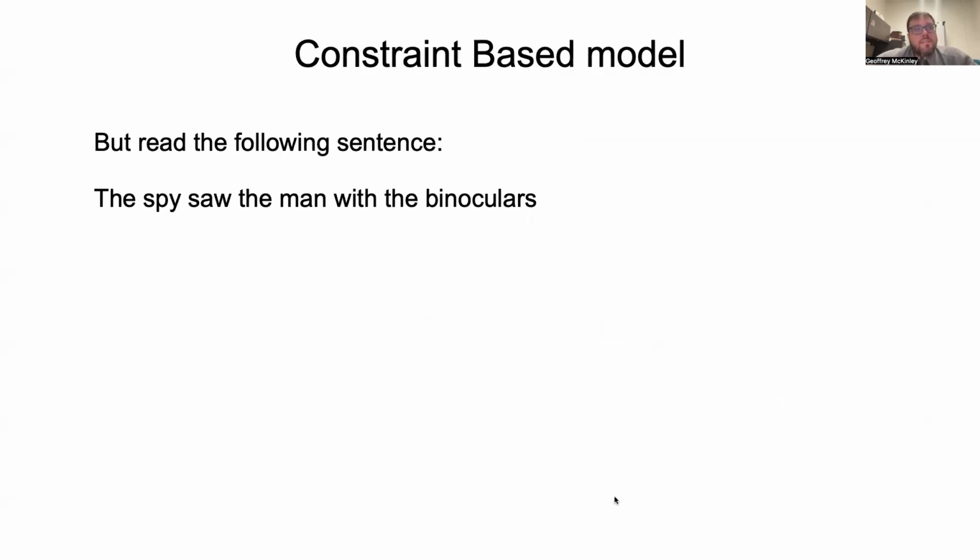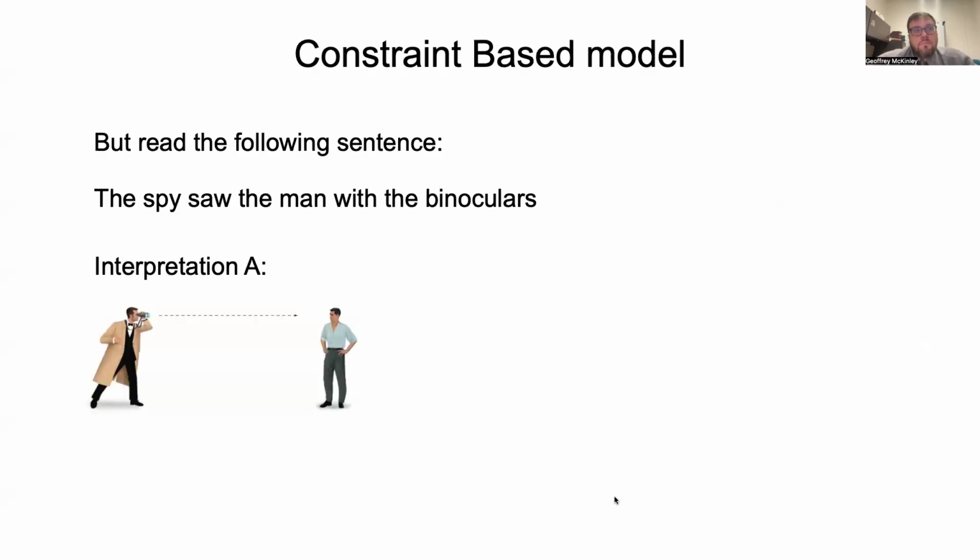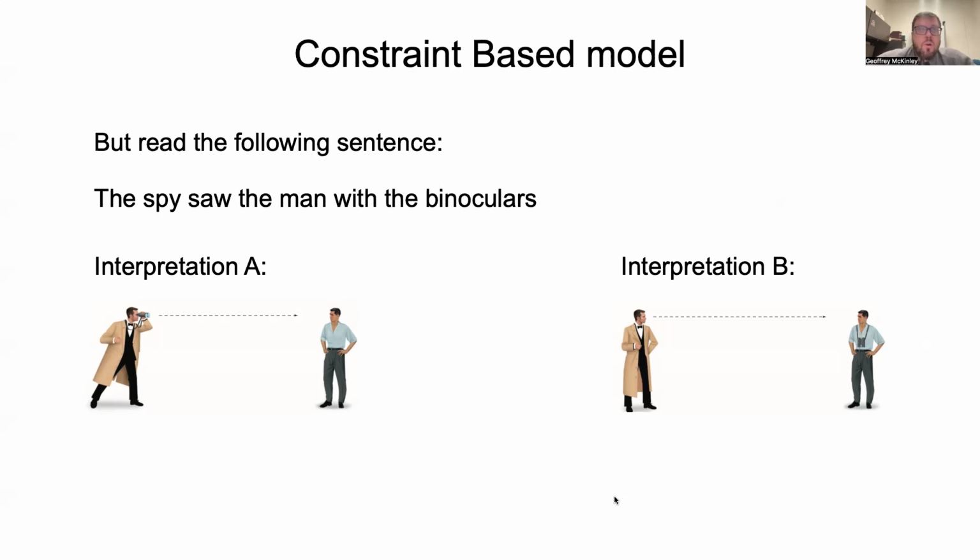So if you read the sentence "the spy saw the man with the binoculars," notice how this is a fundamentally ambiguous sentence. You could attach the prepositional phrase "with the binoculars" to the spy or to the man.